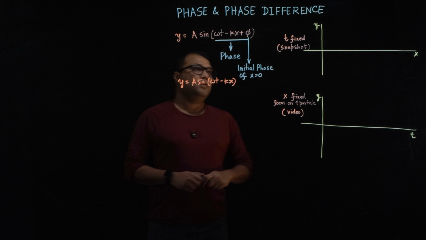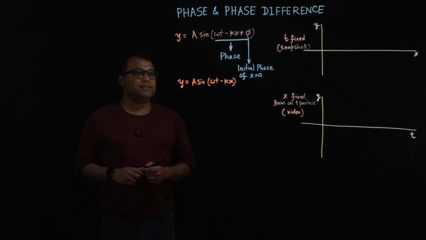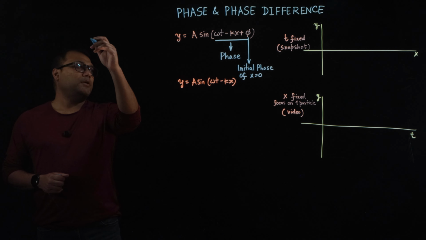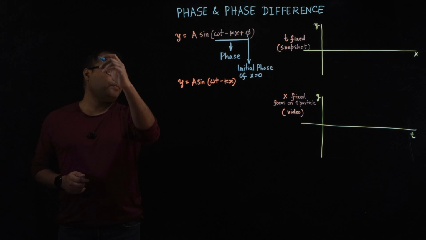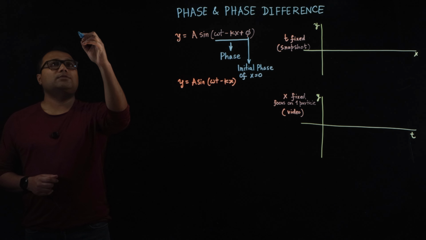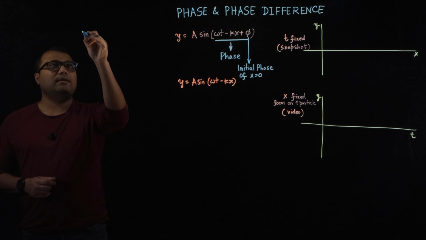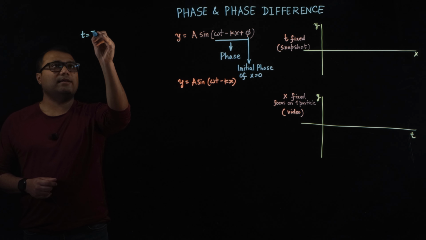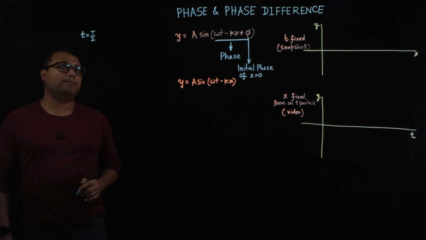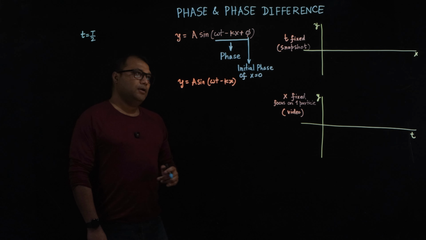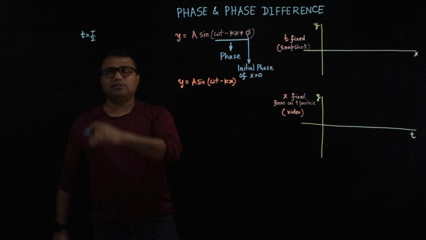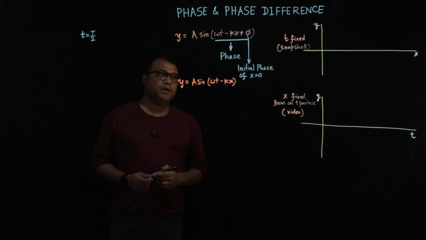Okay. Now let's consider this case. We have fixed time, so we are taking a snapshot. So maybe I will write this here. Okay. So if we fix t, let's suppose t is fixed at time period by 2. We can fix any t. For my convenience, I just take time period by 2. Okay.